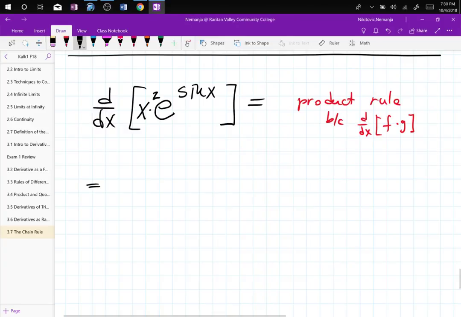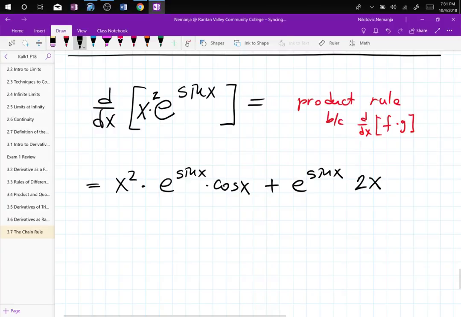Product rule: copy the first, derivative of the second. There's the chain rule right there. The derivative of the second is e to the sine x times the chain rule, cosine x, plus copy the second, e to the sine x, times the derivative of the first, which is 2x.